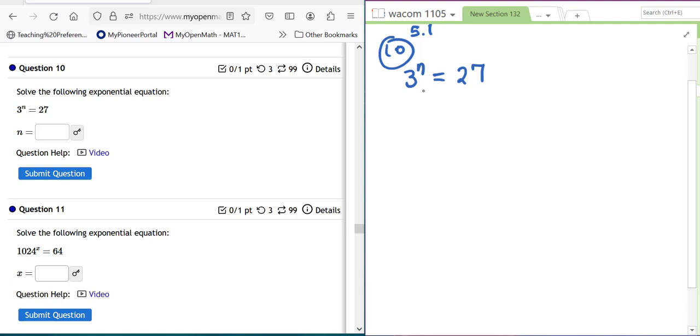So this one is a pretty obvious problem. And you would check it on your calculator. Right? And so the base is the same, so you're allowed to drop the base, set the exponents equal, and this one is actually already solved. And you're done. That's the answer. N will equal 3. So it's good.